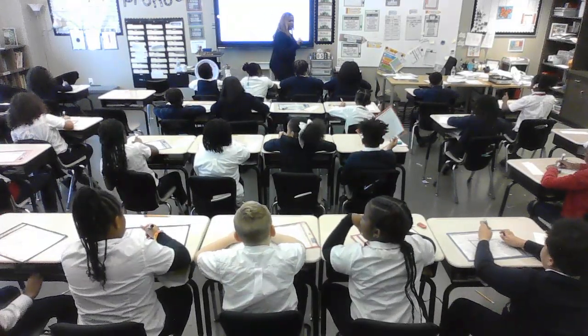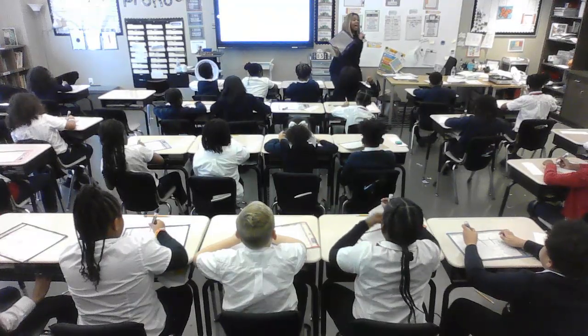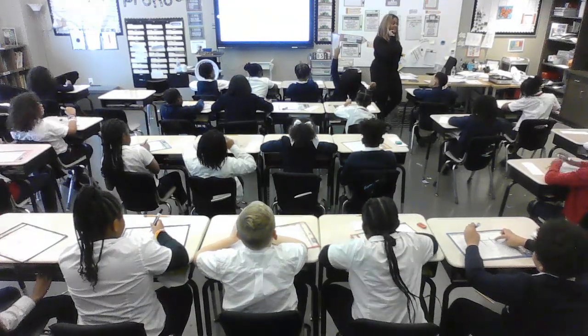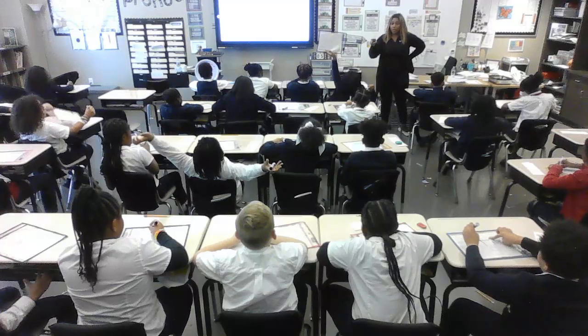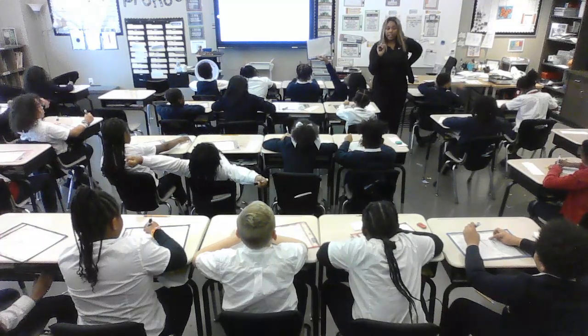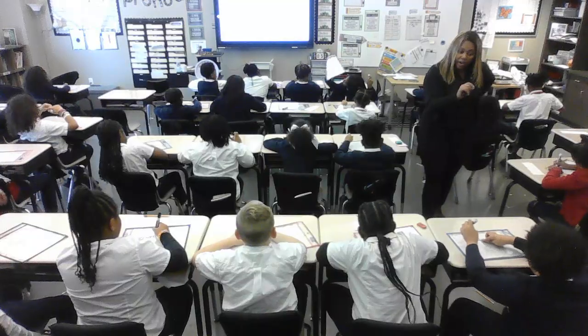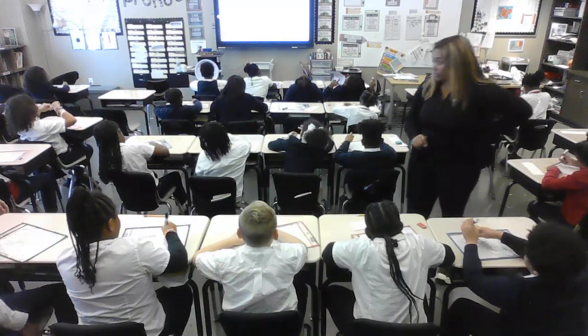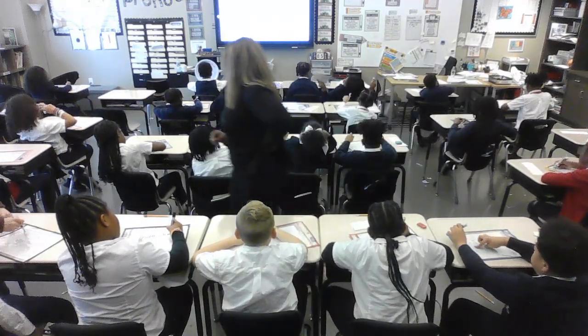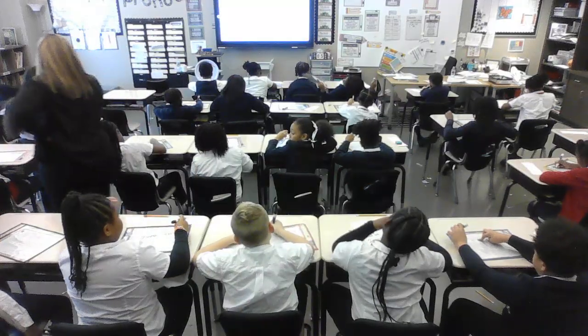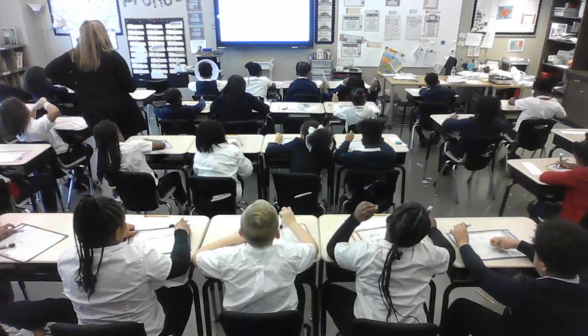I see some friends solving. I did not say solve. I said translate 264 into expanded form. That's literally it. You're only transcribing 264 to expanded form. Once you have that, words in the air.